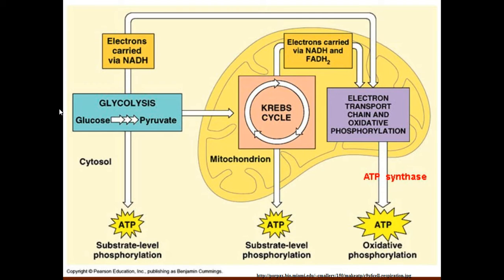So this one I might end up coming back to, but this is the overview of what happens in aerobic respiration. And we start over here and we go to the right as we go.